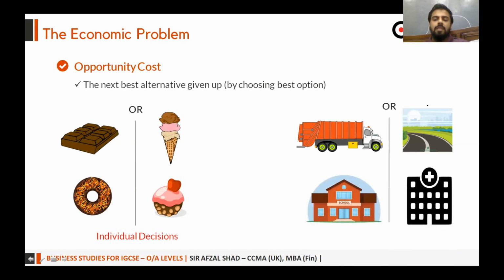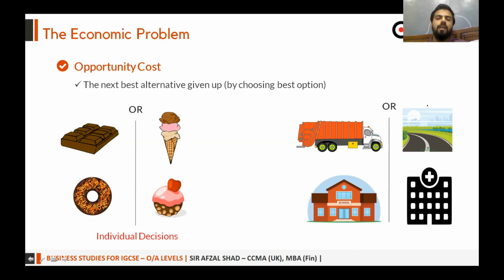Next is a school versus a hospital. If the government wants to have a school, they have to sacrifice a hospital. You might have seen in previous eras that governments focus either on schools or on hospitals.